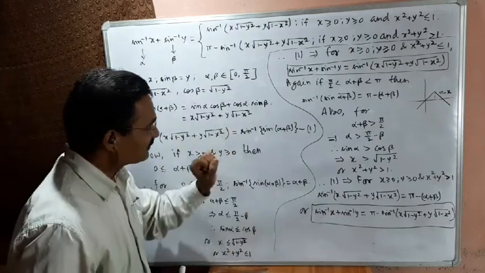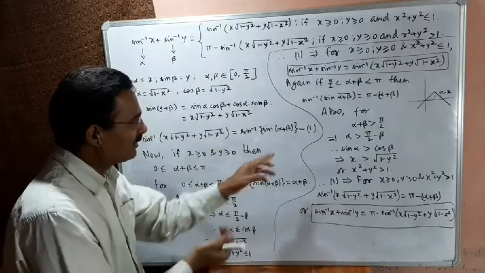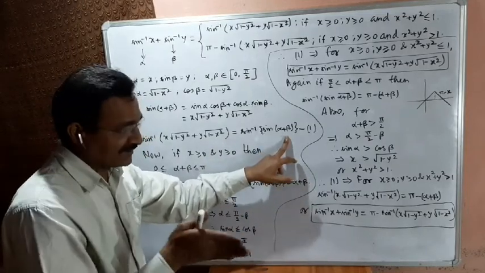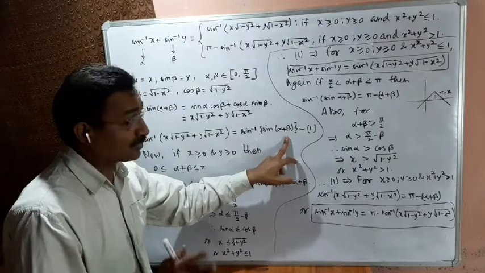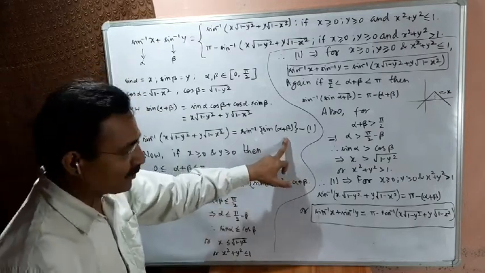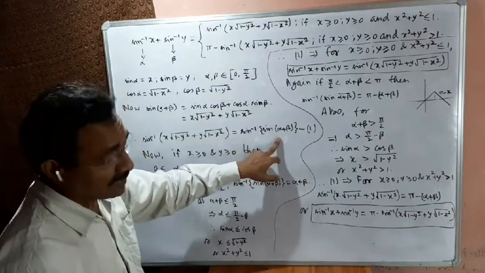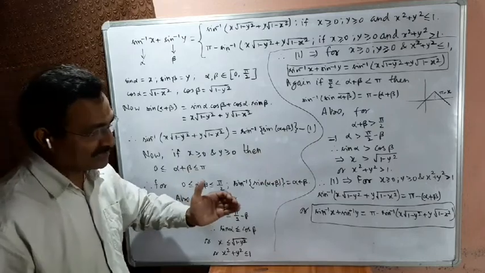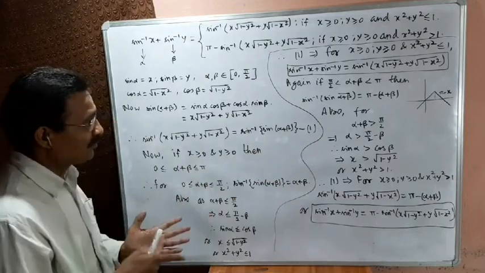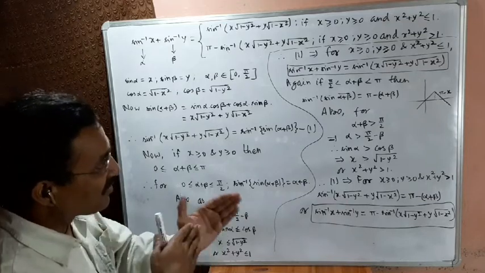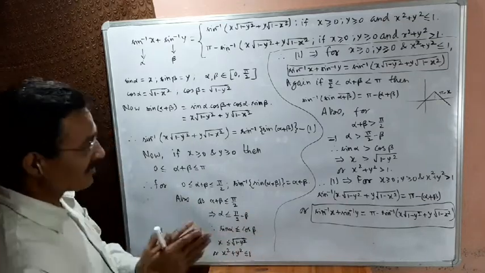Before breaking this, we will have to decide whether alpha plus beta lies in its principal value or not. If in its principal value, then no problem, this will be exactly equal to alpha plus beta. But if the value of alpha plus beta exceeds the principal value, then we will have to manage its value seeing the proper interval where alpha plus beta lies.